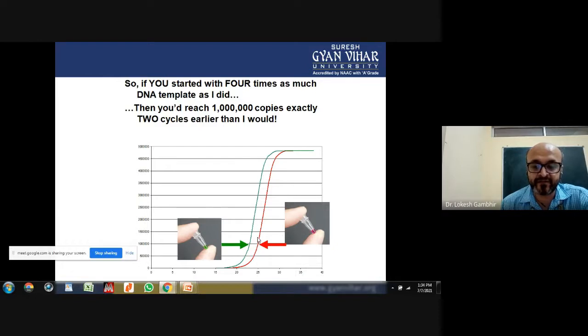After the 25th cycle, I am getting a certain exponential expression, which of course went to saturation. But in your case, since you are having 4 times higher template DNA compared to me, you had the amplification at 22, at 23, compared to the same point where I had it. So you reached the saturation much earlier compared to me.